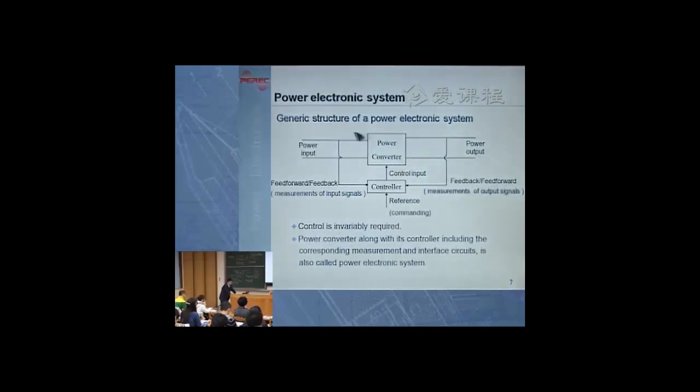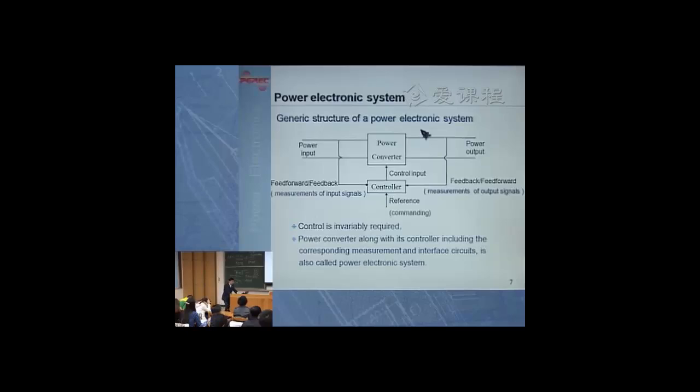Then this power electronic system is made in this way. We have a power converter and a control circuit. This control circuit sends out gate signals to control the power semiconductor devices in the power converter, based on the commanding signal and the measurements from the input and output side. That's what we call a power electronic system.